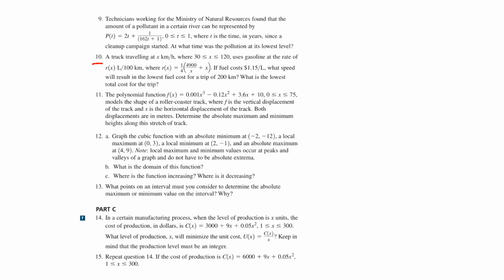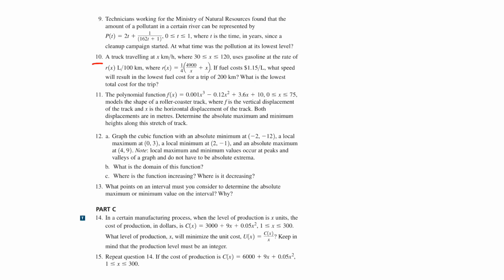We are looking for the lowest cost. Cost is the price times rate. Price is constant, therefore we have to minimize R(x).